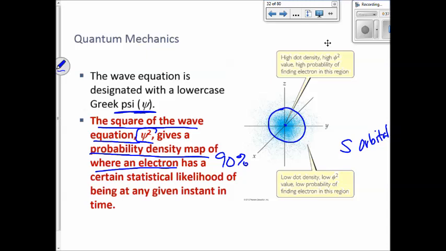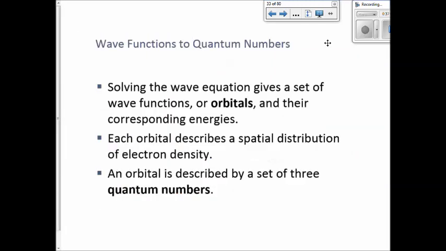So when you write out an electron configuration and you're putting electrons in the 2s or the 3p or the 4d, you're really saying this is where we believe it's going to be 90% of the time. That's the purpose of Schrödinger's equations and wave functions. No, you don't need to write every little bit down, I promise.